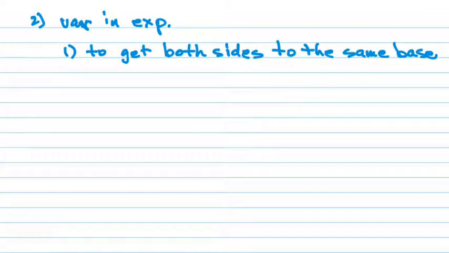Now write that down and don't panic, and then I'll tell you what that means. You might be unfamiliar with the wording I'm using. So for example, if it's 2 to the x on this side, then I need this other side to be 2 to the something as well.